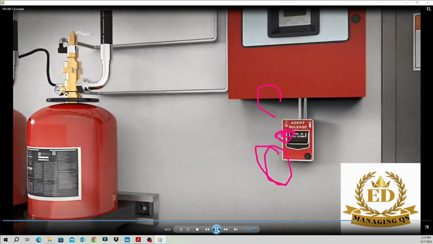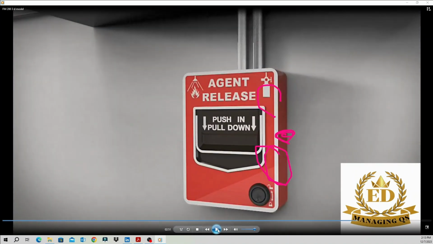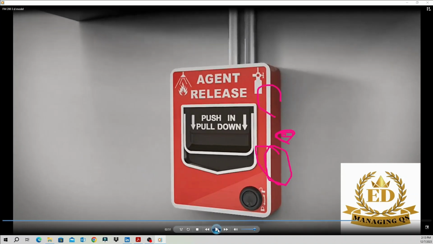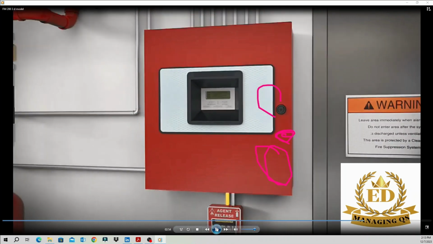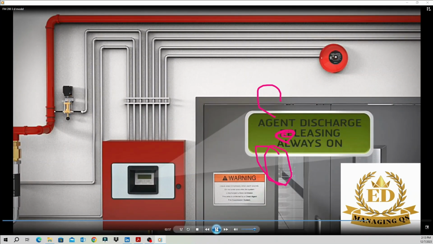They come to this point, the agent release manual press point. These elements help to activate the FM200 system manually. He breaks this glass and presses this button, then you can see the message, agent discharge releasing, always on.